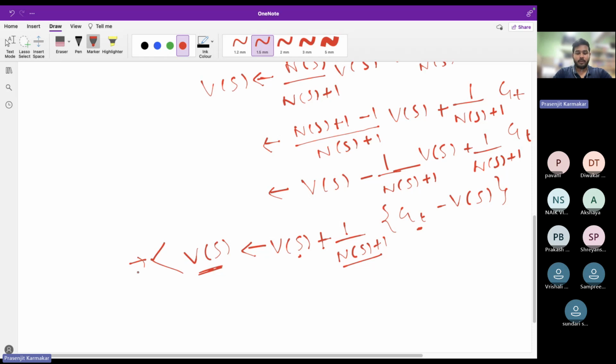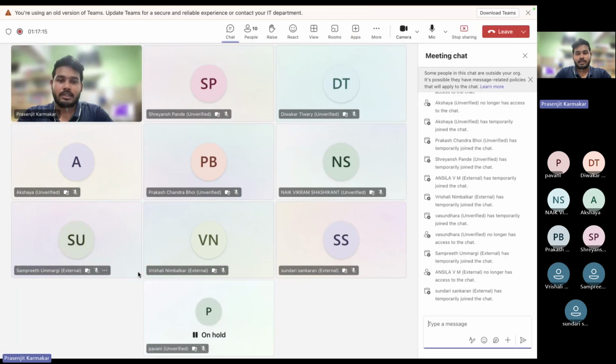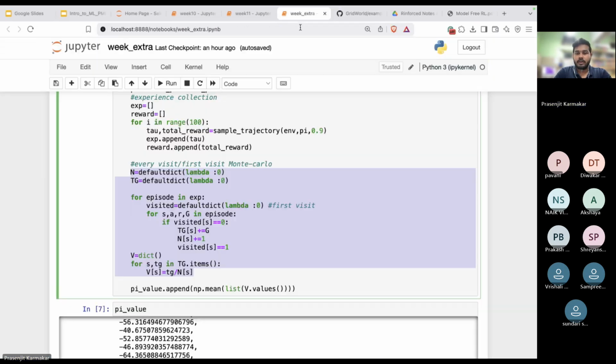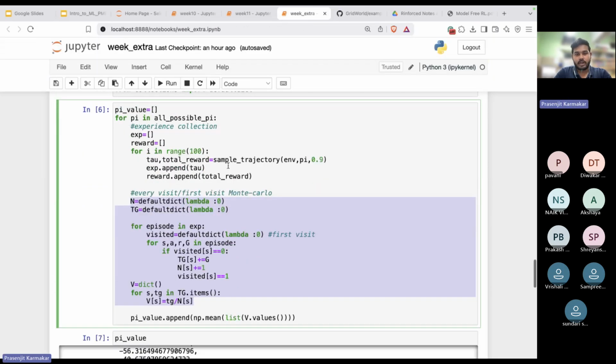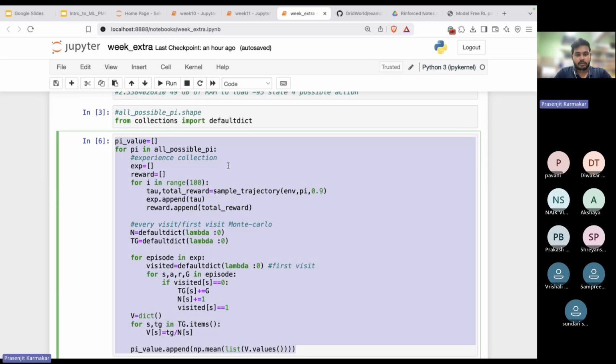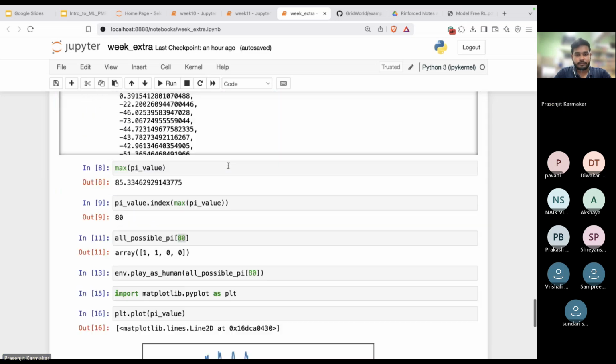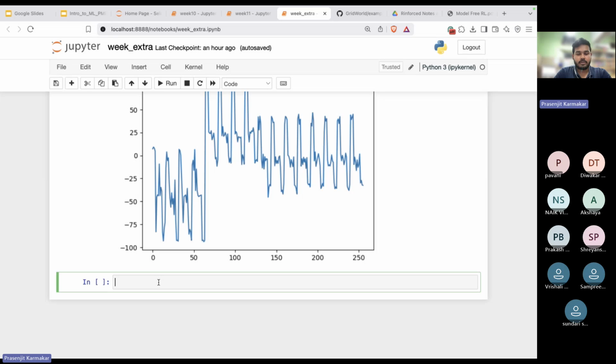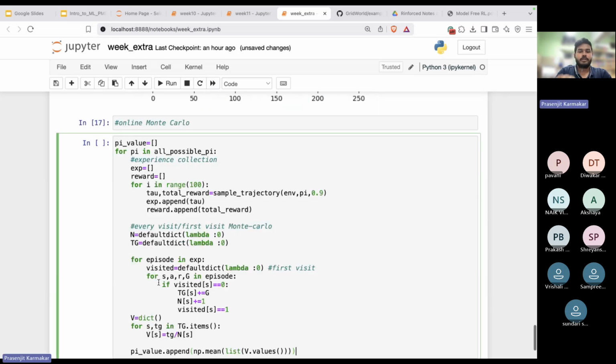So by doing this, what are my incentives? I don't have to store the entire experience now. I can just update the same code. So let's not override the code. Yeah, let's just do here online Monte-Carlo, paste.